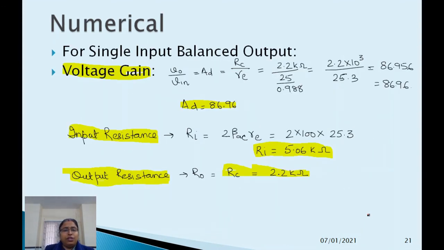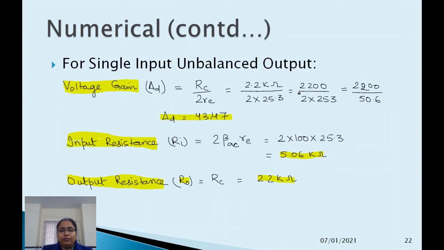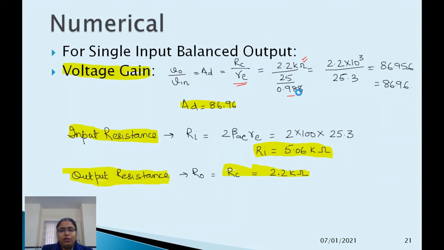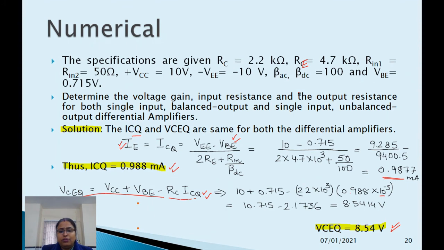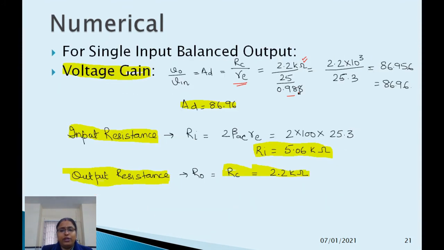Coming on to the voltage gain, we know that for the single input balanced output, the equation for the voltage gain is equal to RC upon RE. What is RC? It is equal to 2.2 kilo ohm, and RE is equal to 25 upon ICQ, right? So RE is equal to 25 upon ICQ, where ICQ is 0.9877 or 0.988.